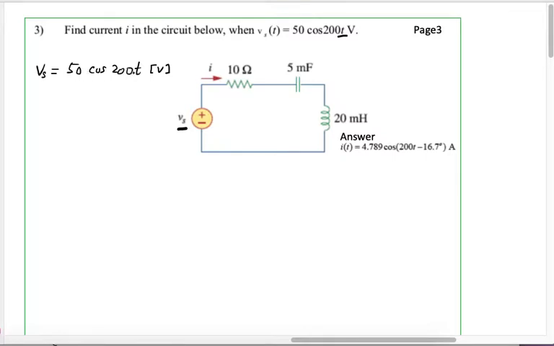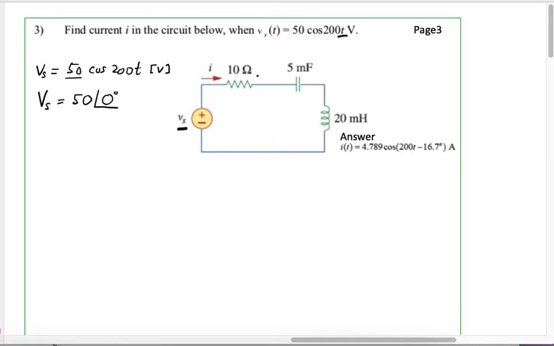And in order to turn this into a frequency or phasor, we're gonna take the amplitude 50. This is the amplitude, and also the phase shift, that is 0. So this is your phasor representation of your input supply, the AC supply.